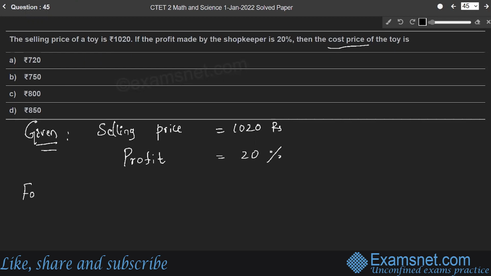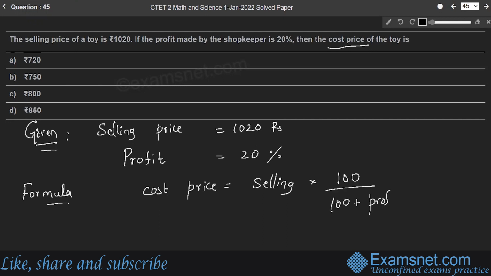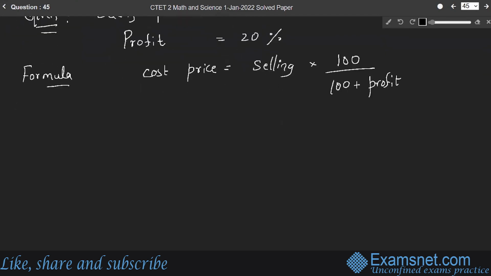So let us write directly the formula: cost price is equal to selling price into 100 divided by 100 plus profit. So we can directly substitute the values.